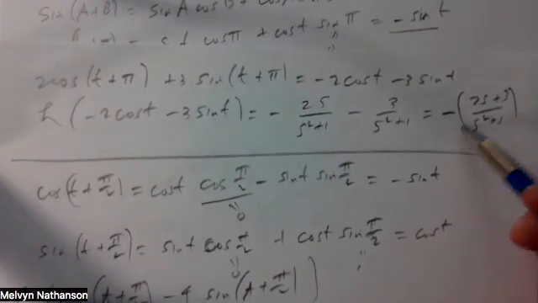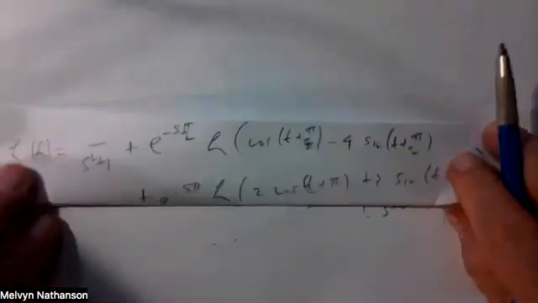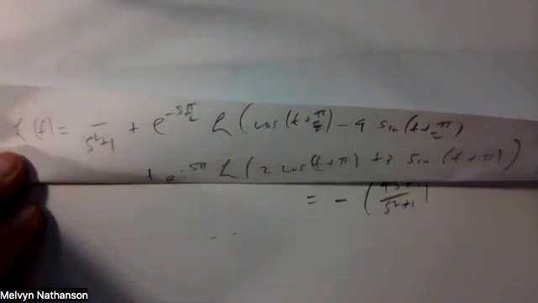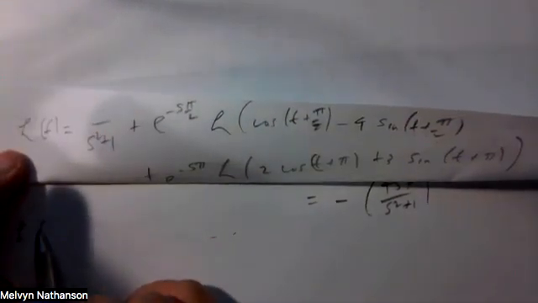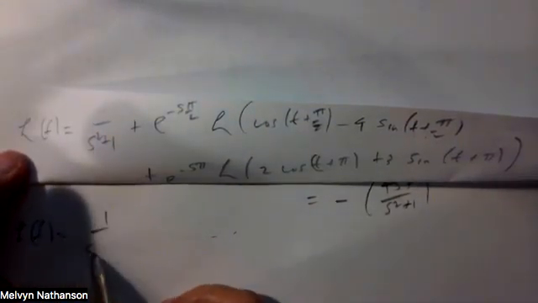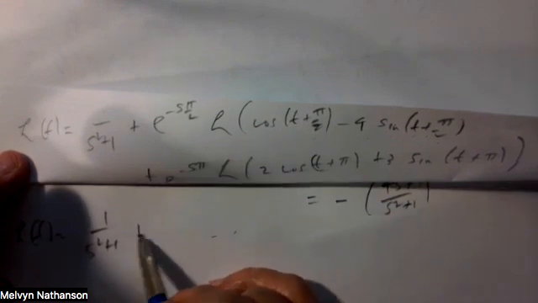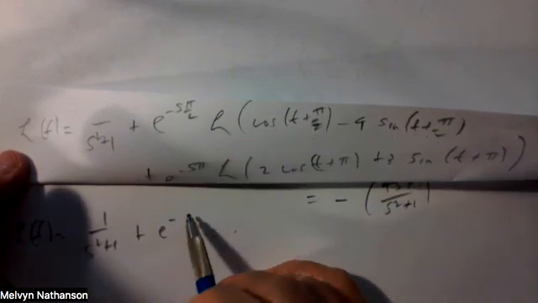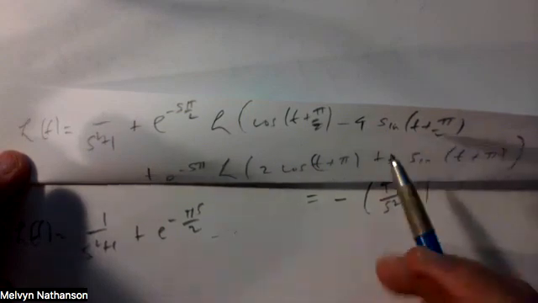So if we take these two expressions and put them into our original expression for L of f, it is equal to 1 over s squared plus 1 plus e to the minus pi s over 2.